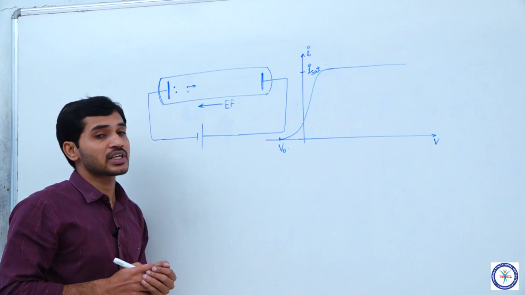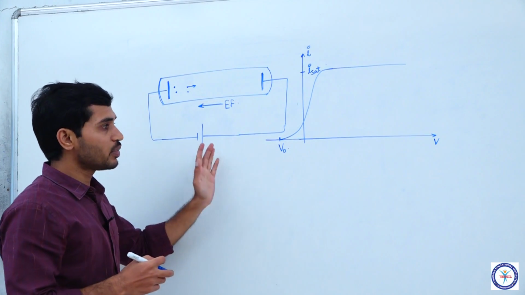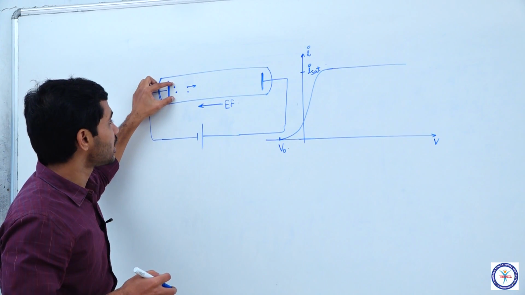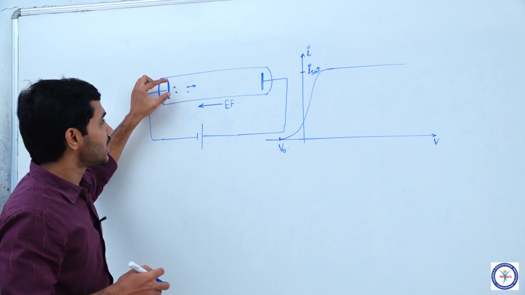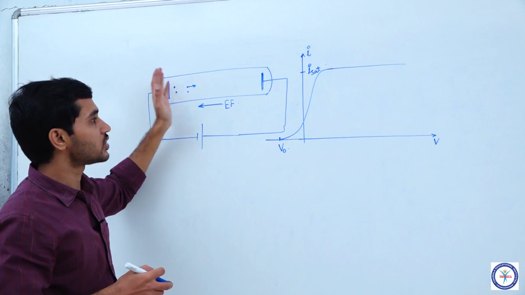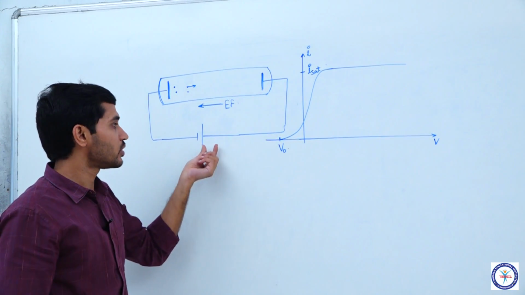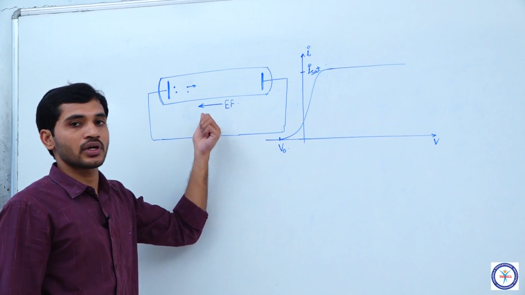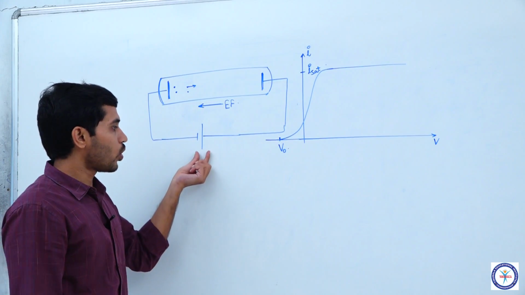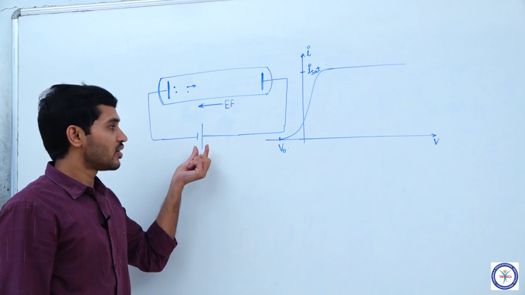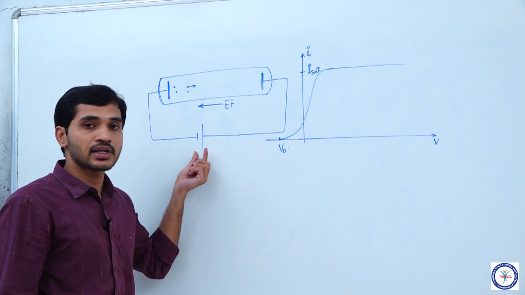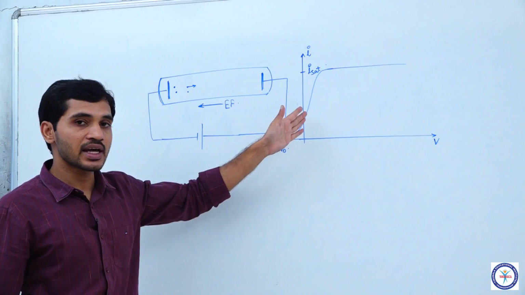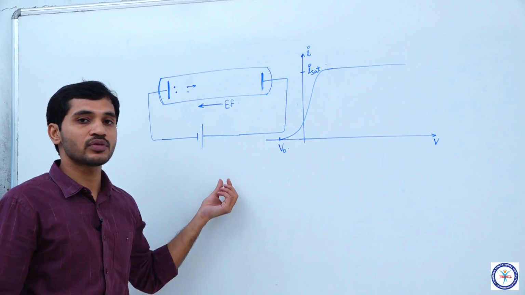The reason why saturation current occurs here is because there will be a point at which each and every one of the electrons being emitted from the cathode is already reaching the anode, because the anode has a potential which can pull every electron being produced here. Now, think what happens if I further increase the voltage? Further increasing the voltage does nothing, because all the electrons coming from here are already reaching the anode. So, what is the point of increasing the voltage?